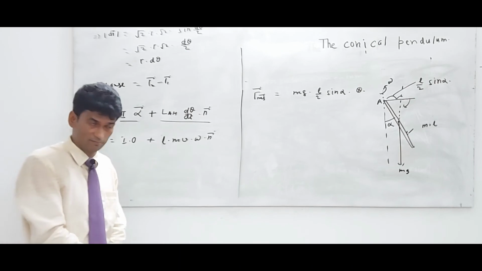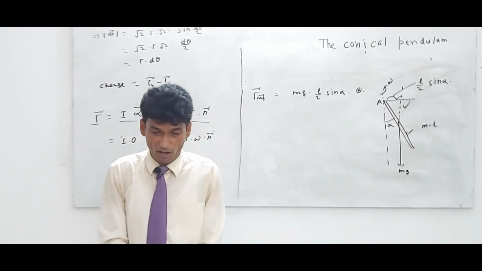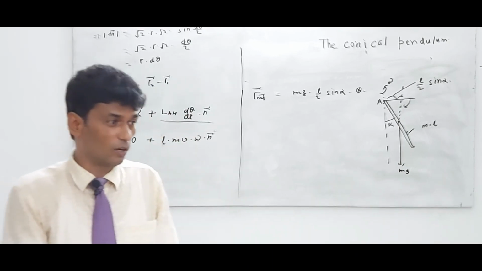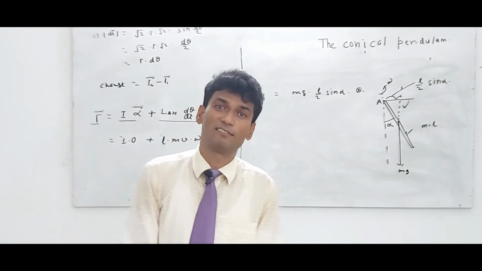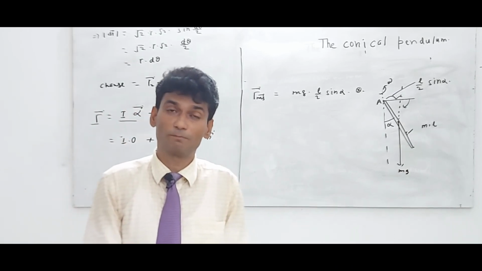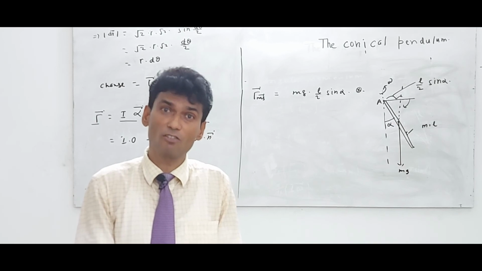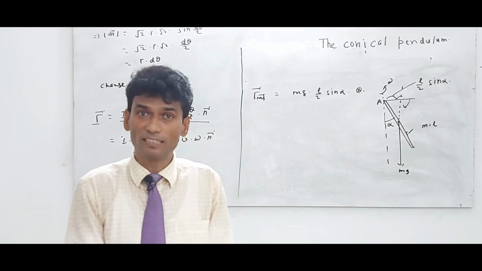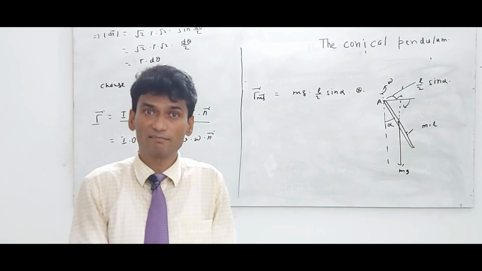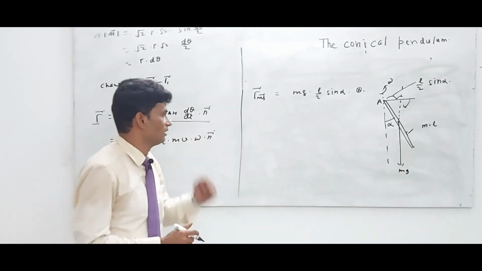Because if an examiner asks you to find the velocity and you write only 5 meters per second, that is wrong. In which direction? East, west, north, south, up, down, at some angle? You have to write the direction as well. So that is right. This is the direction.